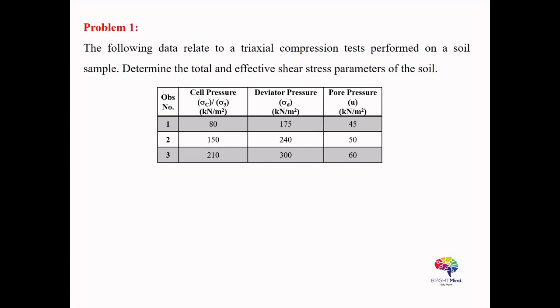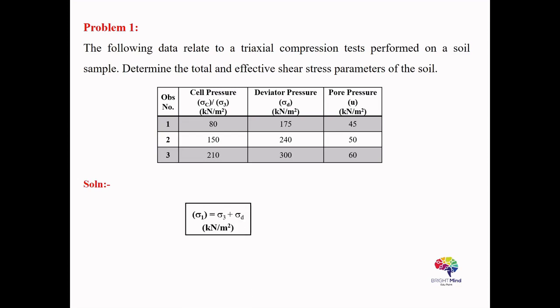In order to find out the shear stress parameters, we need to draw a Mohr circle, and in order to draw the Mohr circle, we need to find the values of sigma 3 and sigma 1. Sigma 1 is nothing but the major principal stress. Now, as we can see, the value of sigma 3 is provided to us. We'll have to find out the value of sigma 1.